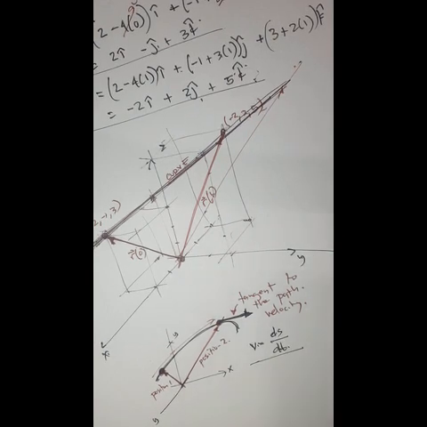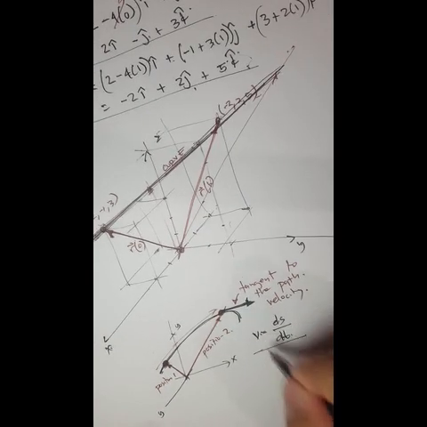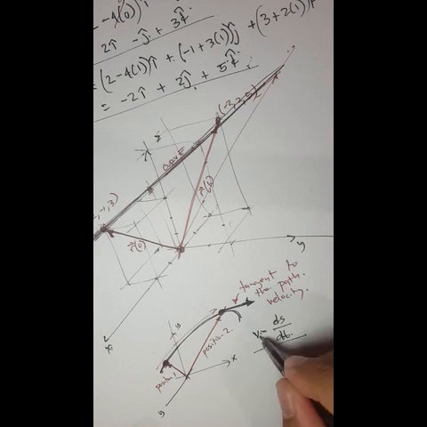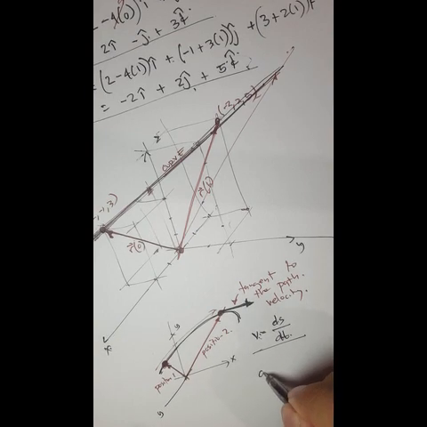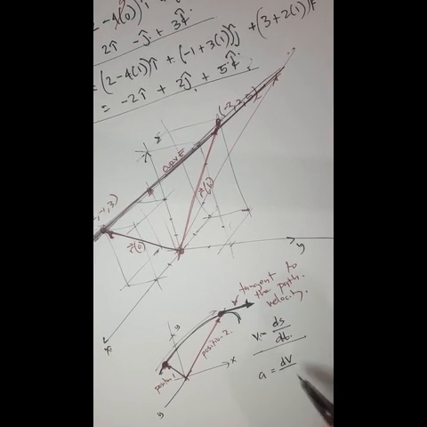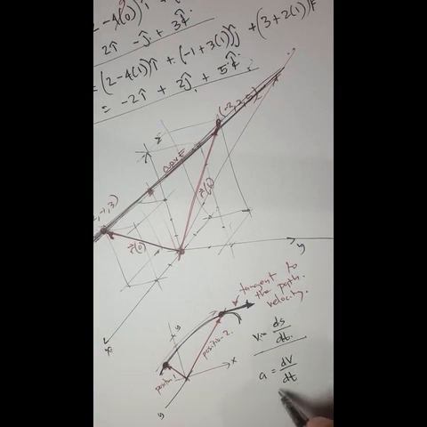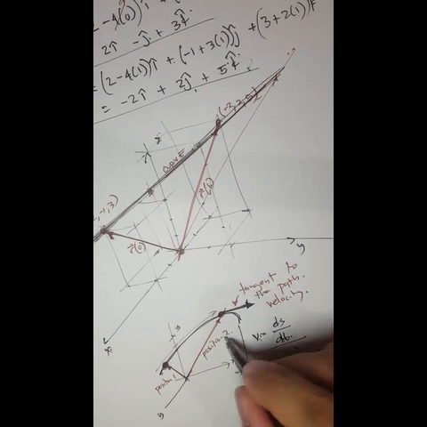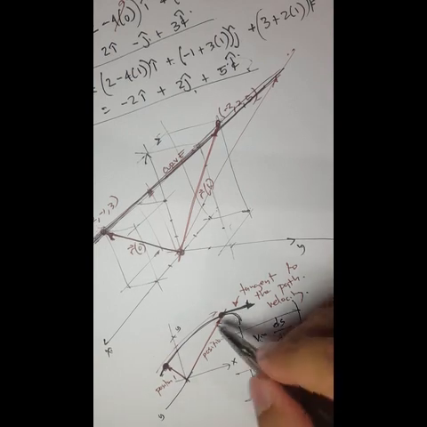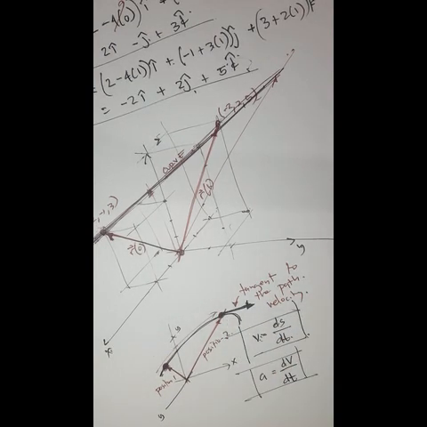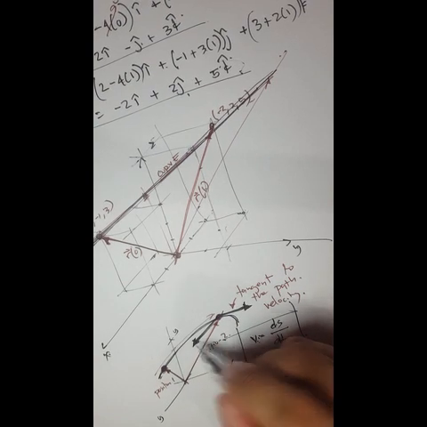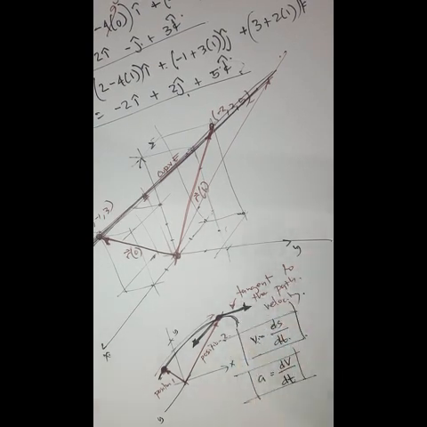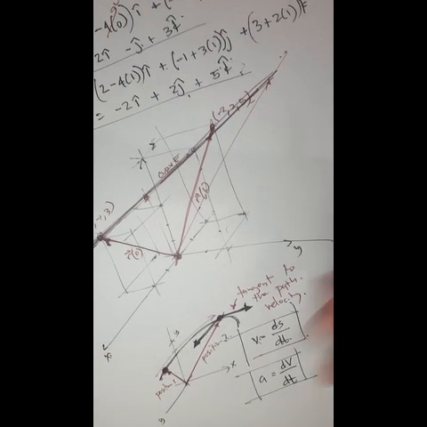And then if we take another derivative, differentiating the velocity with respect to time, dv over dt, we get the acceleration. Another vector will be formed, and we will discuss the orientation of that acceleration vector in the next topics. So this is the acceleration vector.